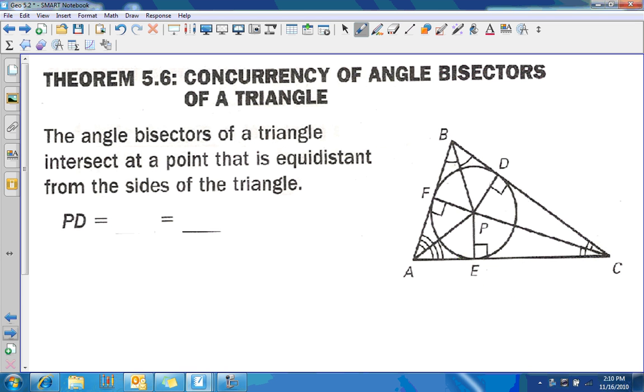All right. So 5.6, concurrency of angle bisectors. This says the angle bisectors of a triangle intersect at a point that is equal distance from the sides. So the incenter, which is different, says that PD is equal to PS, which is equal to PE.